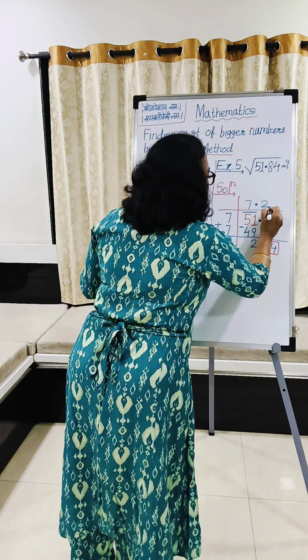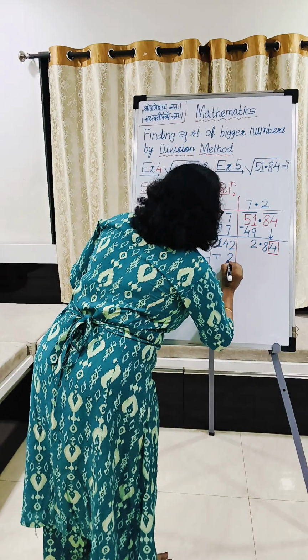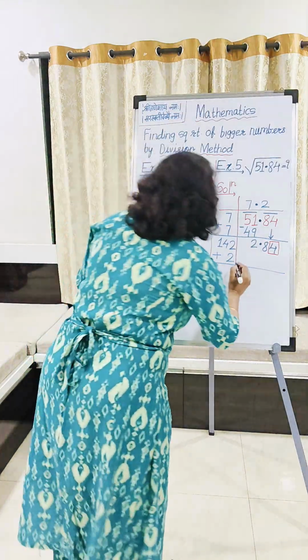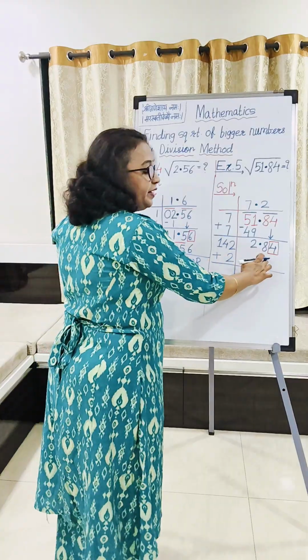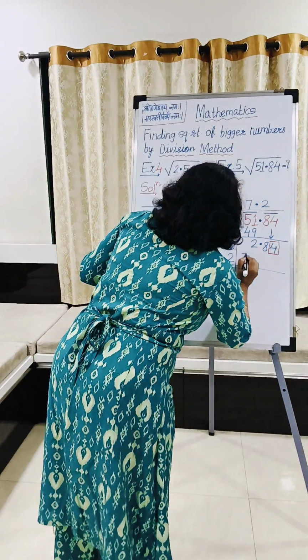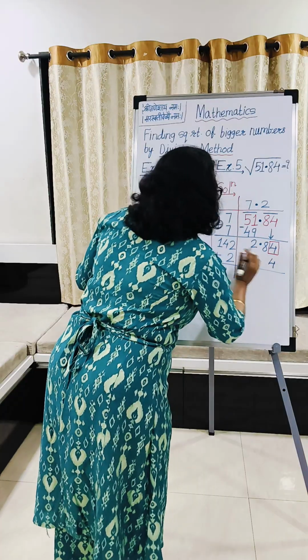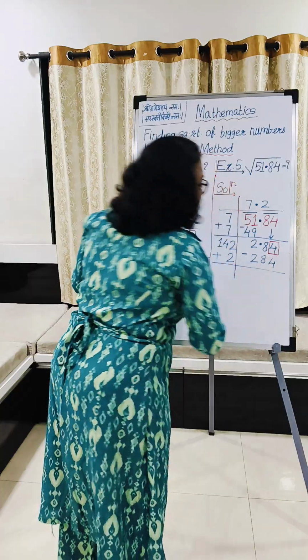So write 2 here, also here, and also one more time here. Okay, now multiply 142 by 2 and write the answer here. So you will get 2 2s are 4, 2 4s are 8, and 2 1s are 2.